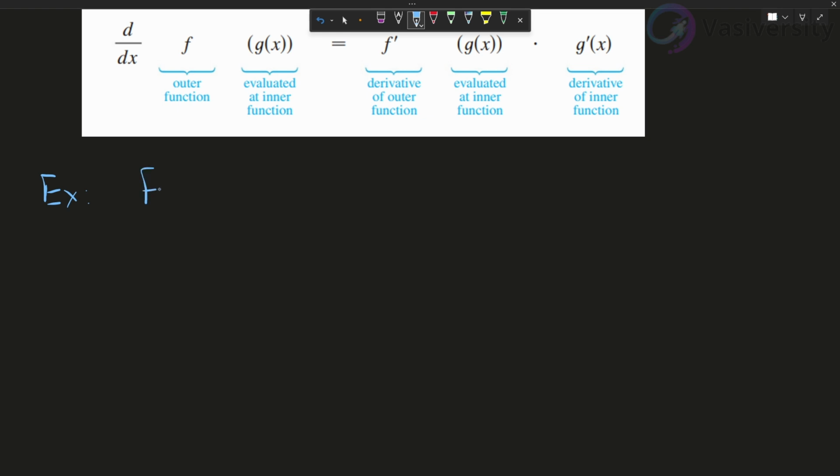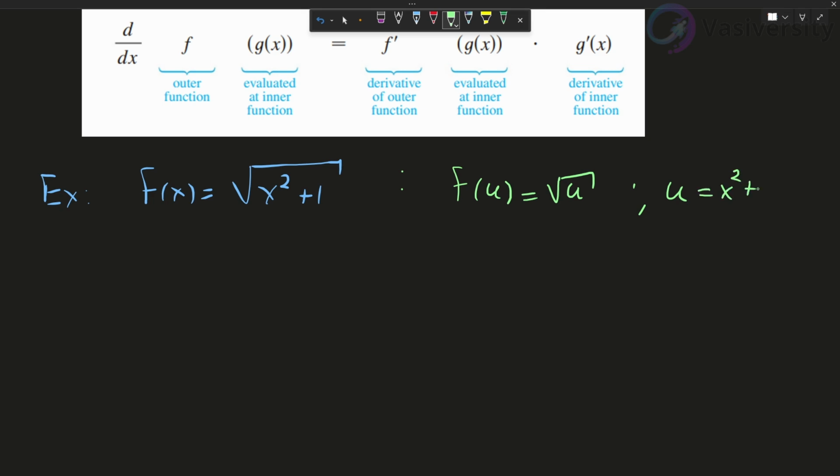So we have f of x equal to the square root of x squared plus 1. We know that essentially f of u is equal to square root of u, and our u is equal to x squared plus 1.